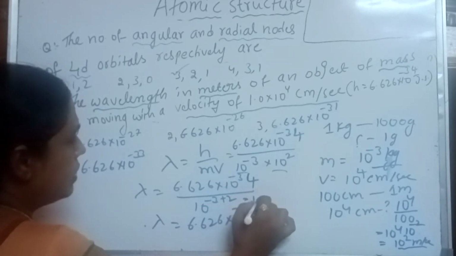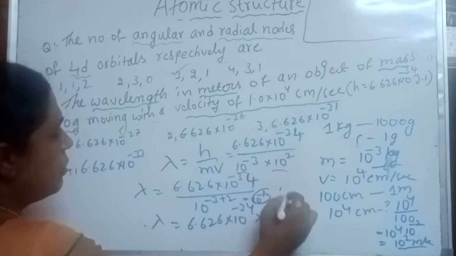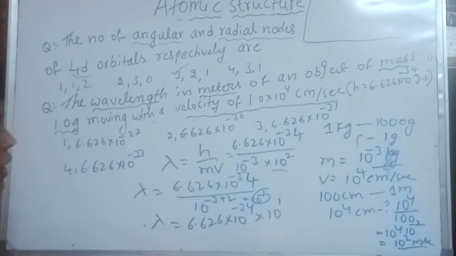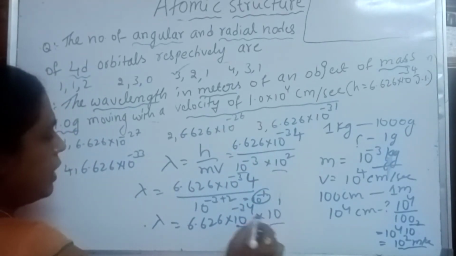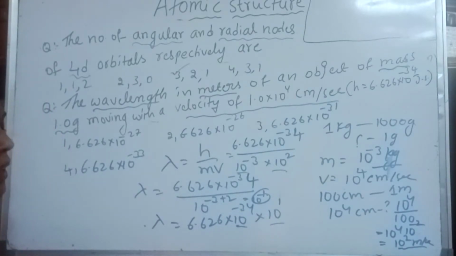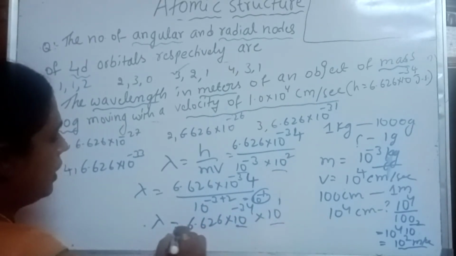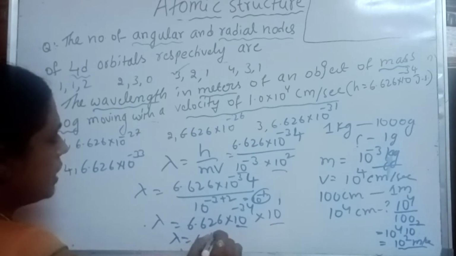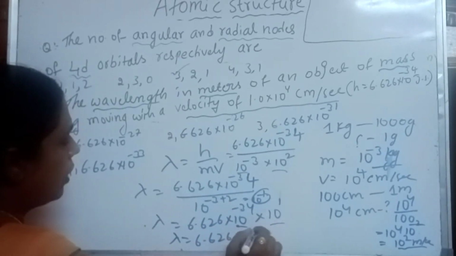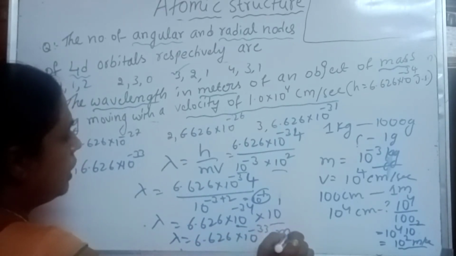Adding the powers, minus 34 plus 1, we get 6.626 into 10 to the power of minus 33 meters.